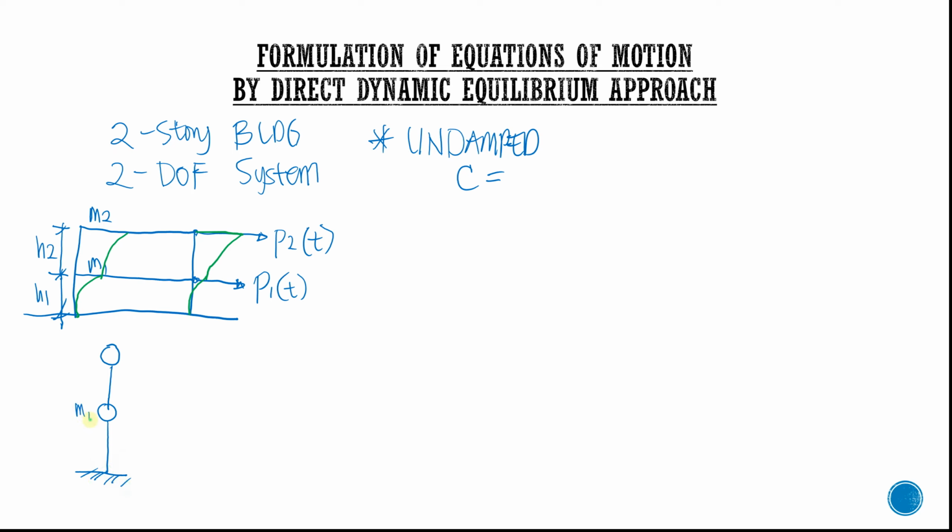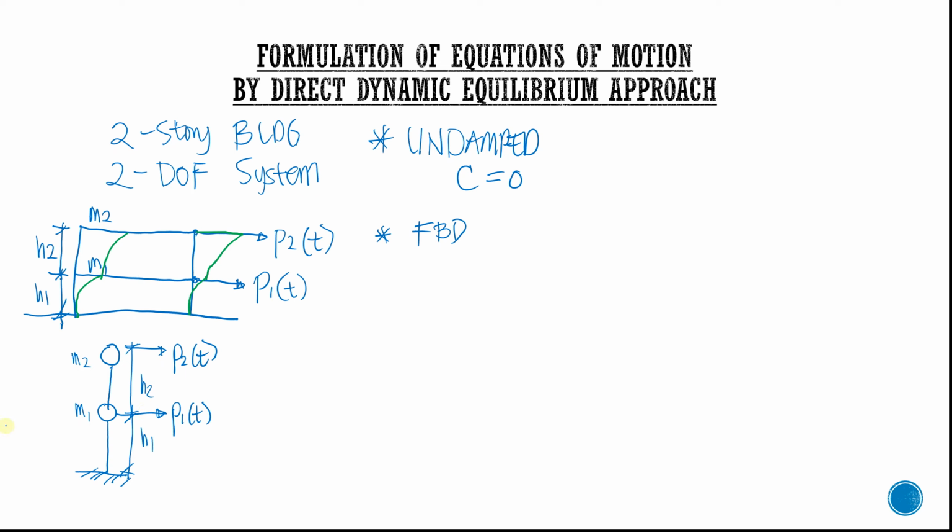So we have our mass 1 there, our mass 2, we have also the heights, and then we have the dynamic forces. And what are we going to do next? We'll have an FBD of the system.